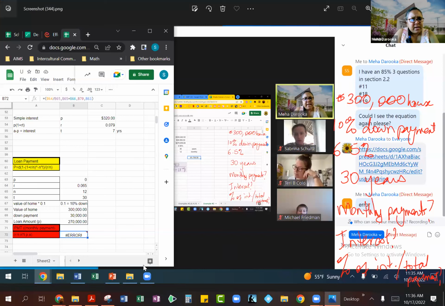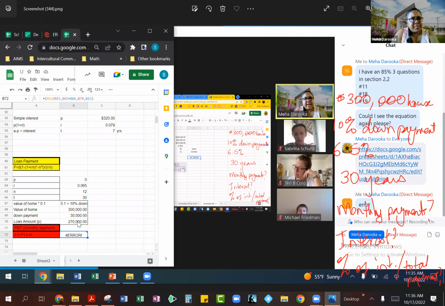Then the next argument is your present value, so the $270,000, and then 0 at the end. And I'm looking at your image here. So what do you have? P equals 0. So P is not the value that's going to be equal to 0.